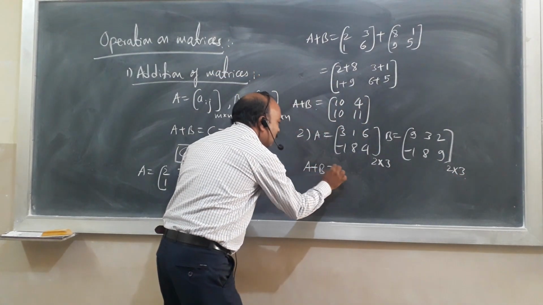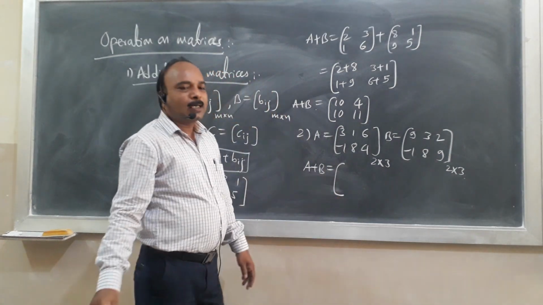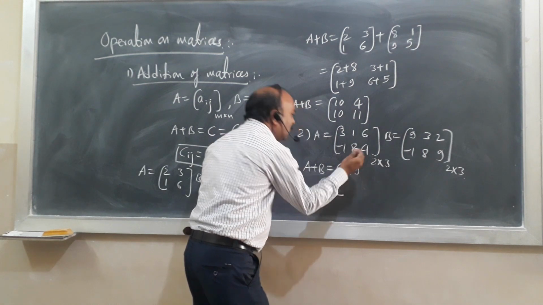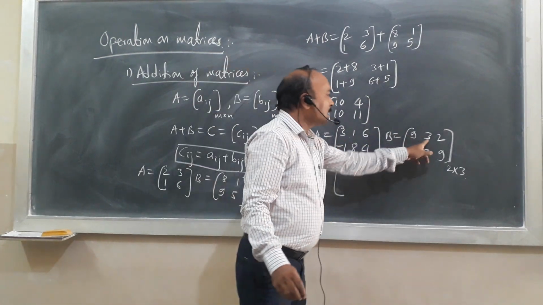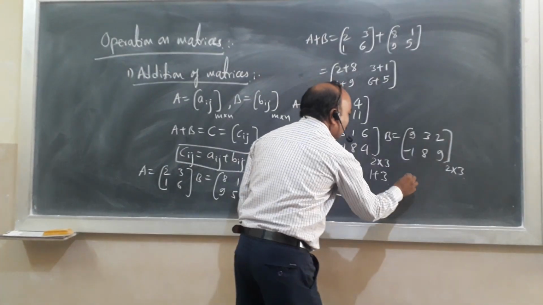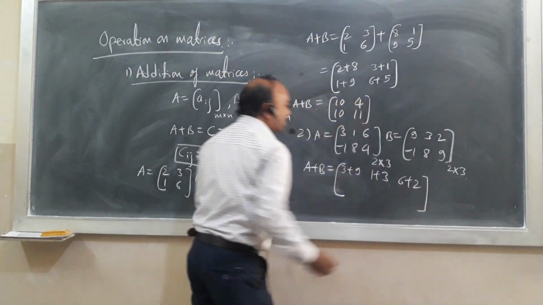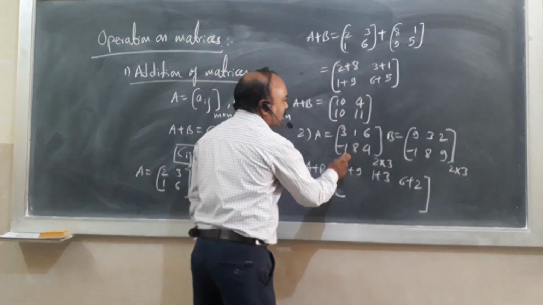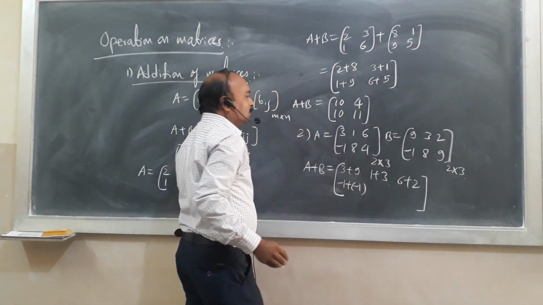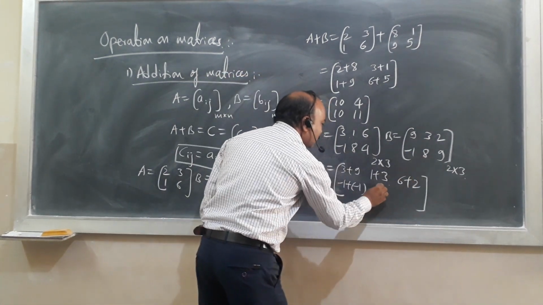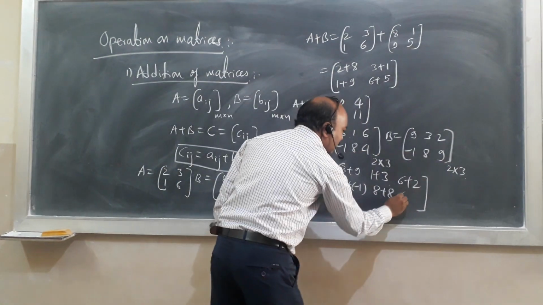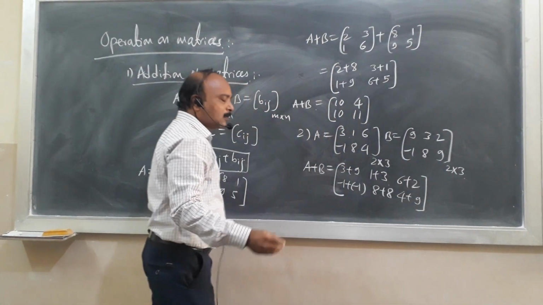A plus B equal to, now we again take the corresponding elements, 3 with 9, that is 3 plus 9, and 1 with 3, that is 1 plus 3, 6 with 2, 6 plus 2. Next, minus 1 adding with minus 1, minus 1 plus minus 1, 8 with 8, 8 plus 8, and 4 with 9, that is 4 plus 9.